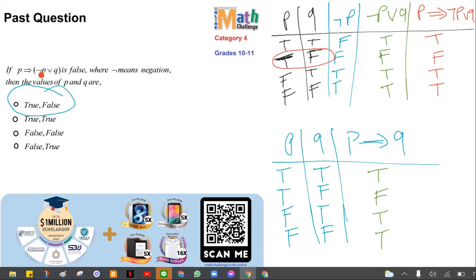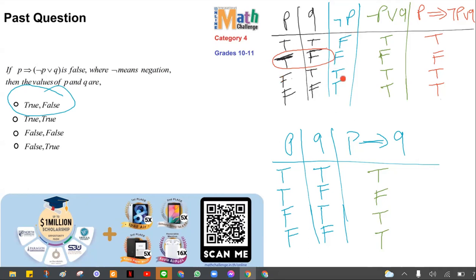What we need is the negation of P, and then the negation of P or Q. Negation of P is just the opposite of P. If P is true, the negation will be false, and if P is false, the negation will be true.